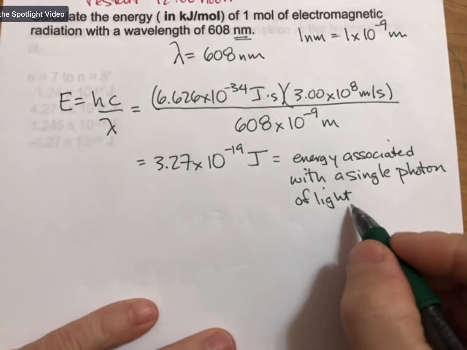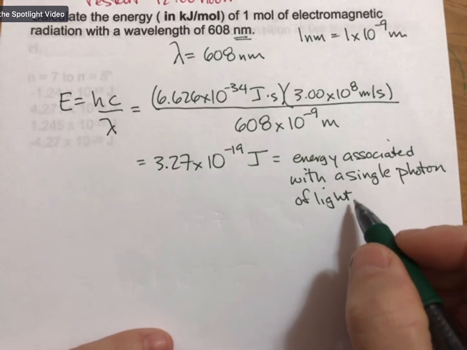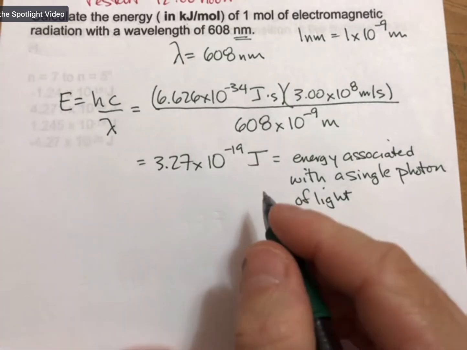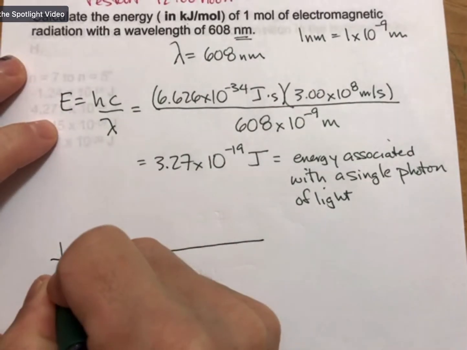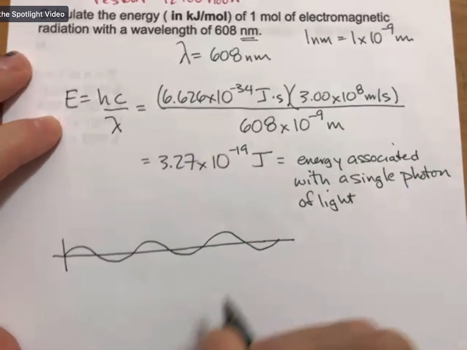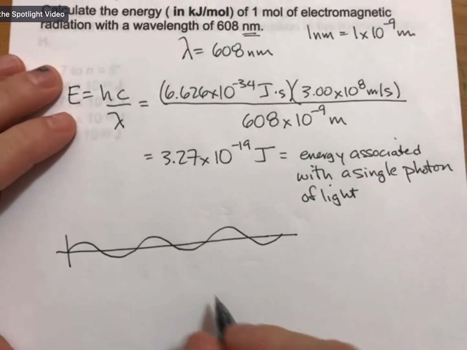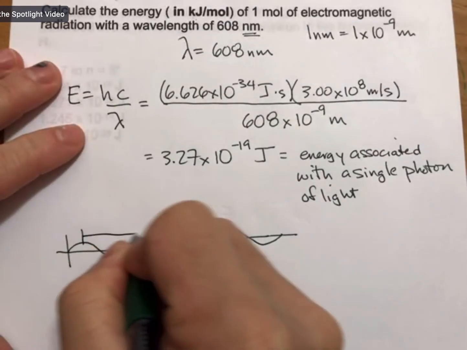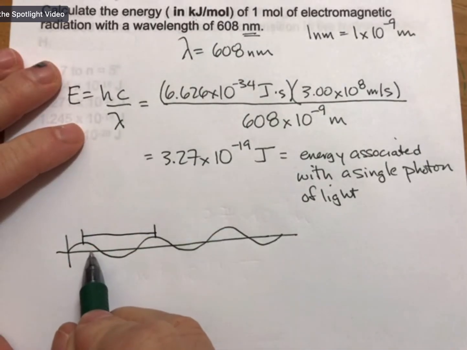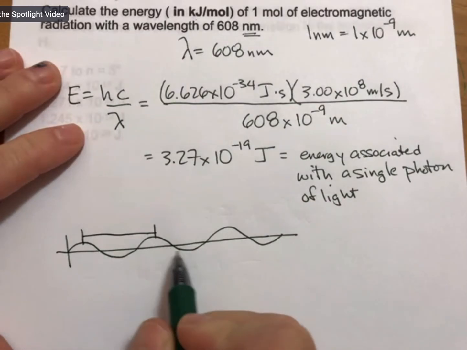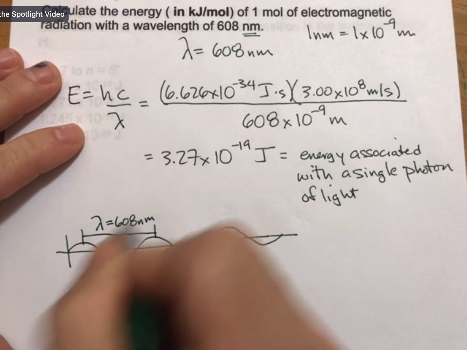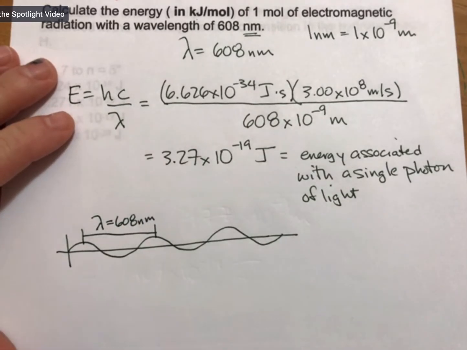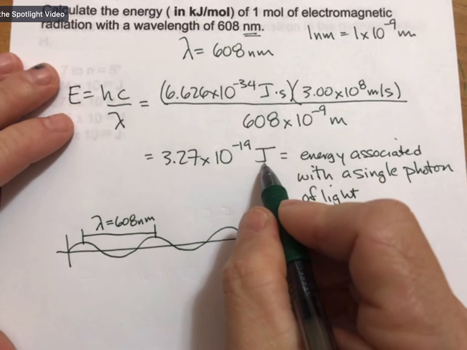So when we have one photon with a wavelength of 608 nanometers, it has this much energy.